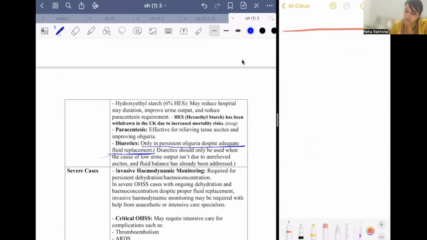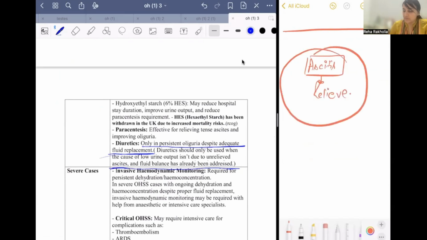Why should diuretics not be used when the cause of low urine output isn't due to unrelieved ascites? The fluid balance has already been addressed. If there is ascites, first we have to relieve that ascites, because of that there may be oliguria. First, relieve this ascites. We don't have to use them injudiciously. Diuretics should be used very carefully.